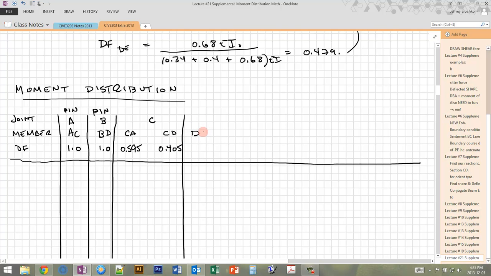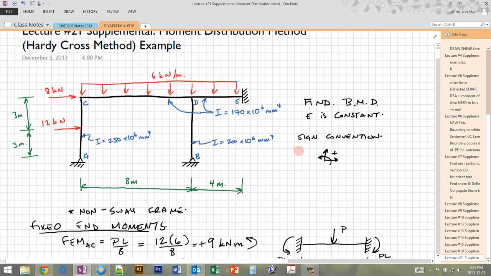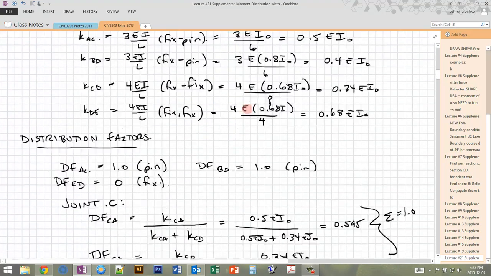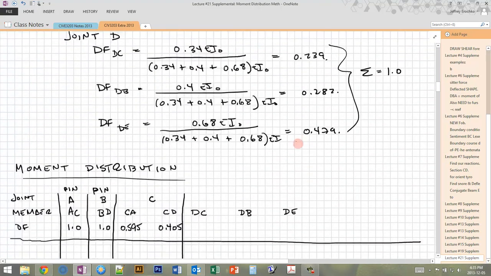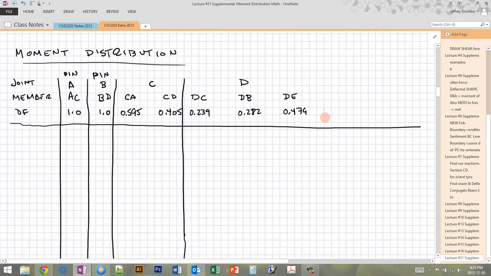Then we have joint D, which has DC, DB, and DE. So we have DC, DB, DE, and the distribution factors we determined here. So this is joint D. DC was 0.239, DB was 0.282, and DE was 0.479.